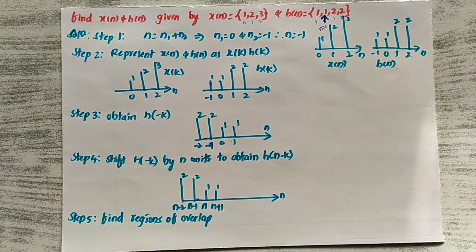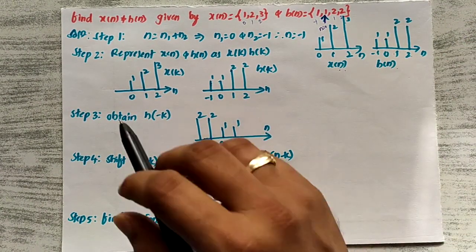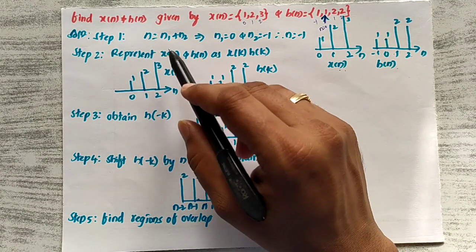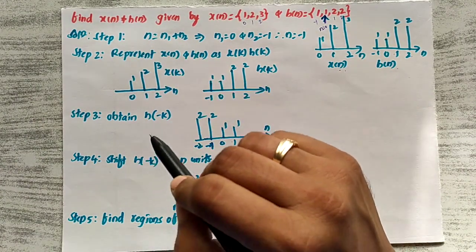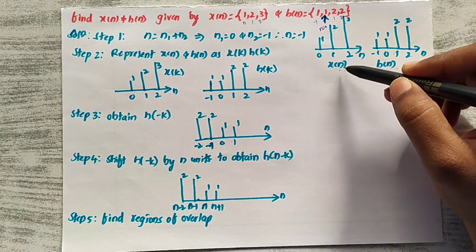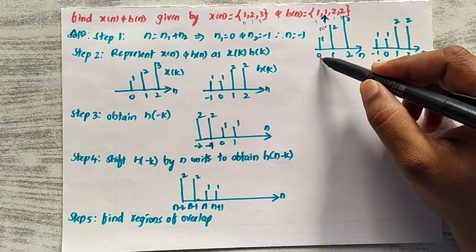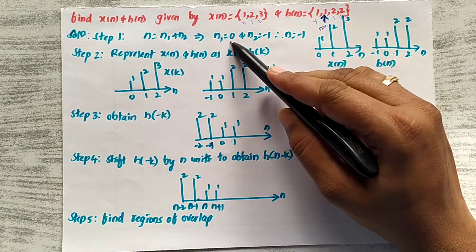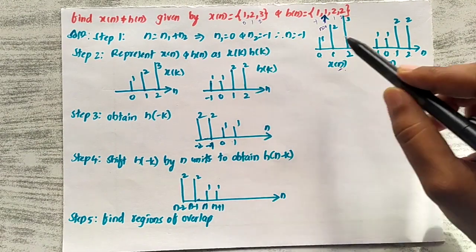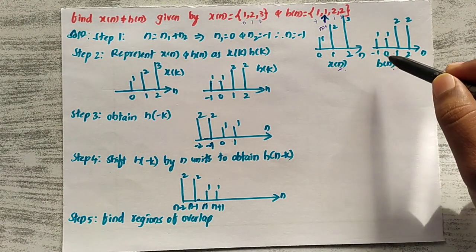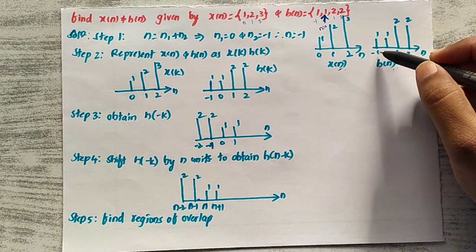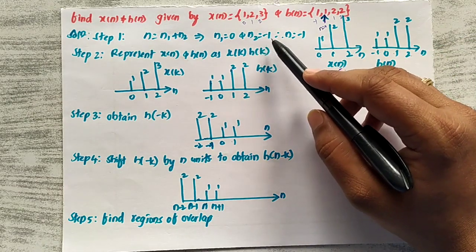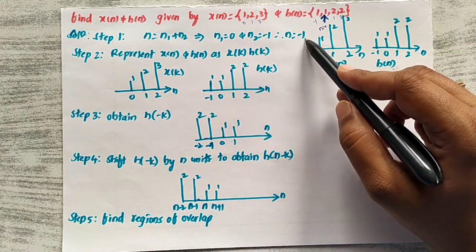Now according to the steps we have discussed, in step 1, n equal to n1 plus n2. So look at n1. n1 is x of n. x of n starts at 0, so here n1 will be 0, and n2 is the starting point of h of n. This is at minus 1, so n2 is minus 1. Now if you add them, n will be minus 1.